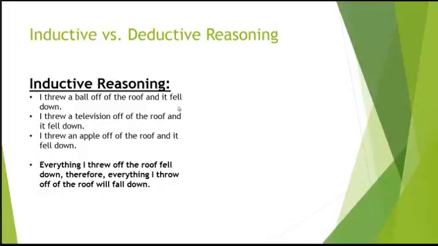We know that this can be proven false, because what if I throw a balloon filled with helium off the roof? Is it going to fall down? Nope, it's going to float away. So in inductive reasoning, I'm using my observations to come up with a conjecture. It's inductive reasoning whether the conjecture is proven true or proven false.